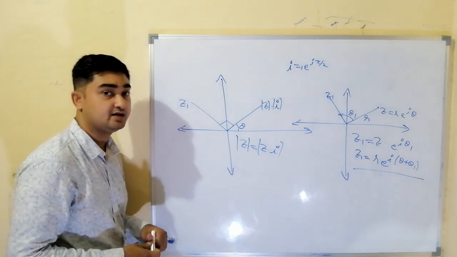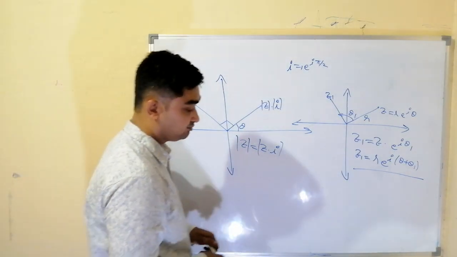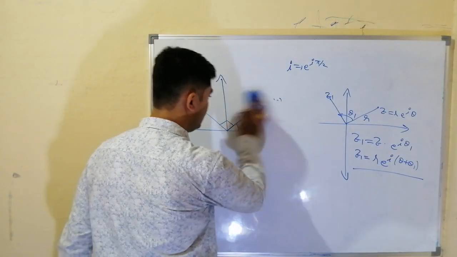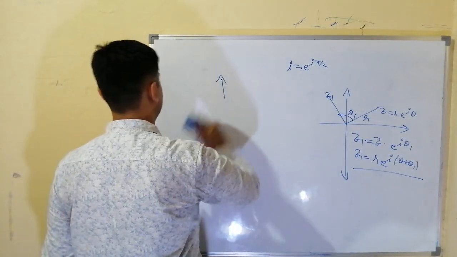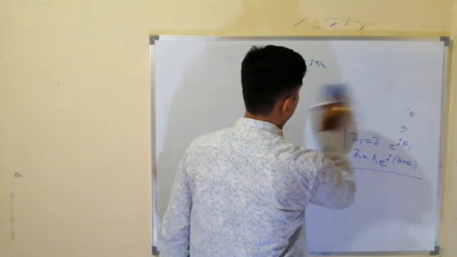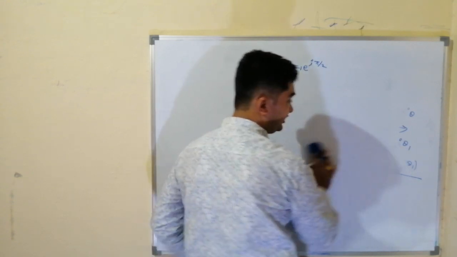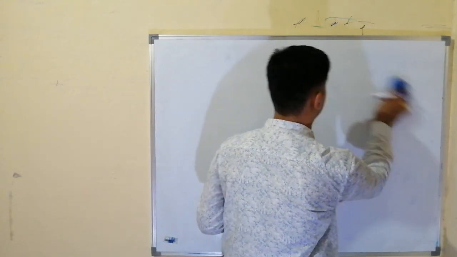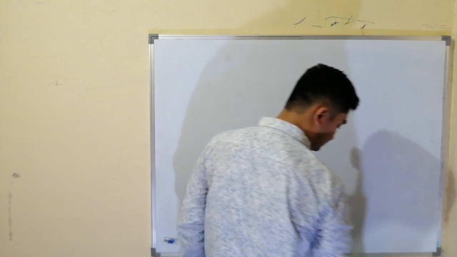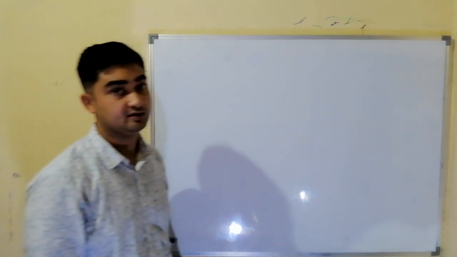Now we have seen the algebra of complex numbers and rotation of complex numbers. For rotation we have to multiply with e power iota theta if we want to keep the modulus the same. If we want to change the modulus also, then multiply with r into e power iota theta.